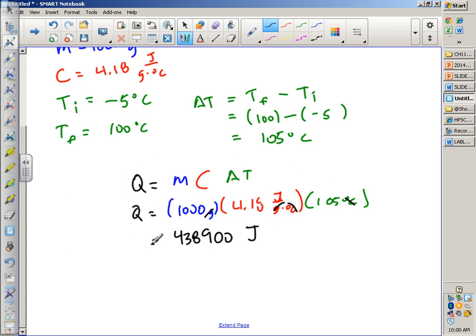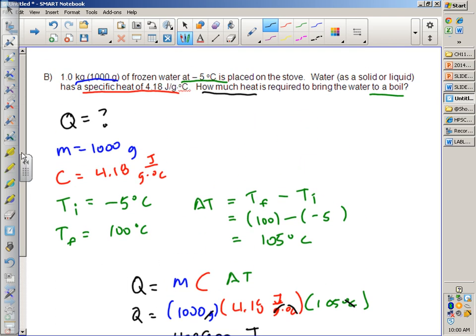But from a rounding standpoint, right? If you go back to the original problem, yeah, we plugged in 1,000 grams, but really they gave us 1.0 kilograms, right? So that's only 1 certain and 1 uncertain, right?